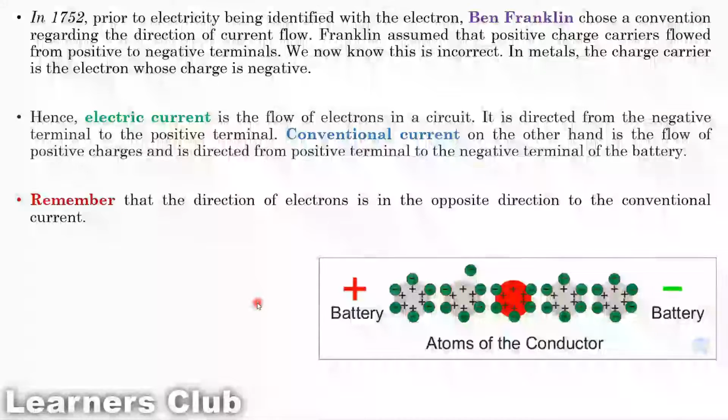As you can see in this diagram, when electrons move this way, the empty space, that means a positive ion, is moving the other way. That's why they are opposite to each other.